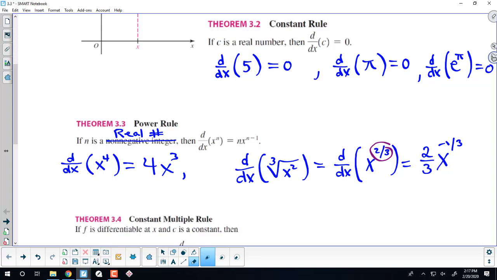If this were x to the 100th, it's even more tedious to do the derivative by definition. But by this theorem, taking the derivative of x to any power is now very simple. The derivative of x to the 100th power is just 100 times x to the 99. So I don't have to go through this whole limit procedure anymore.